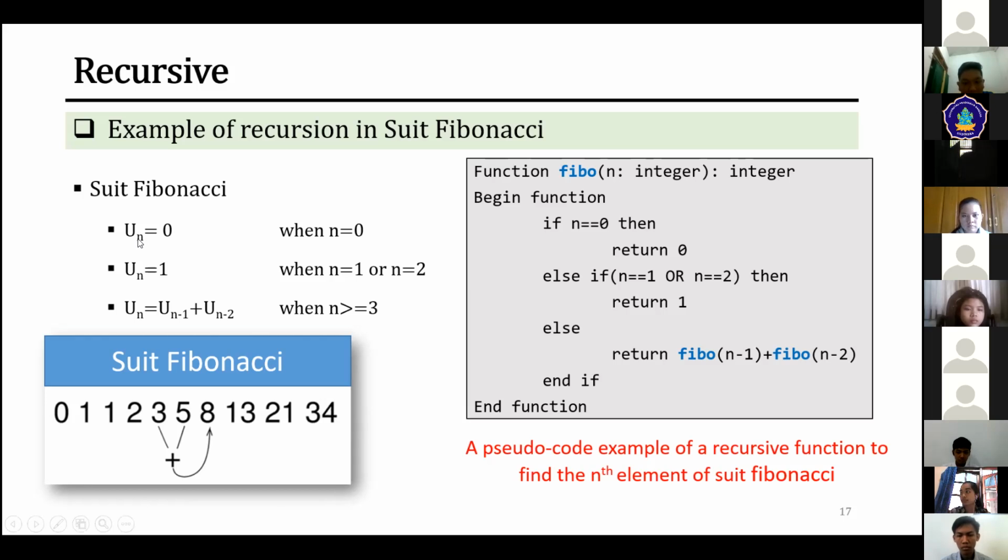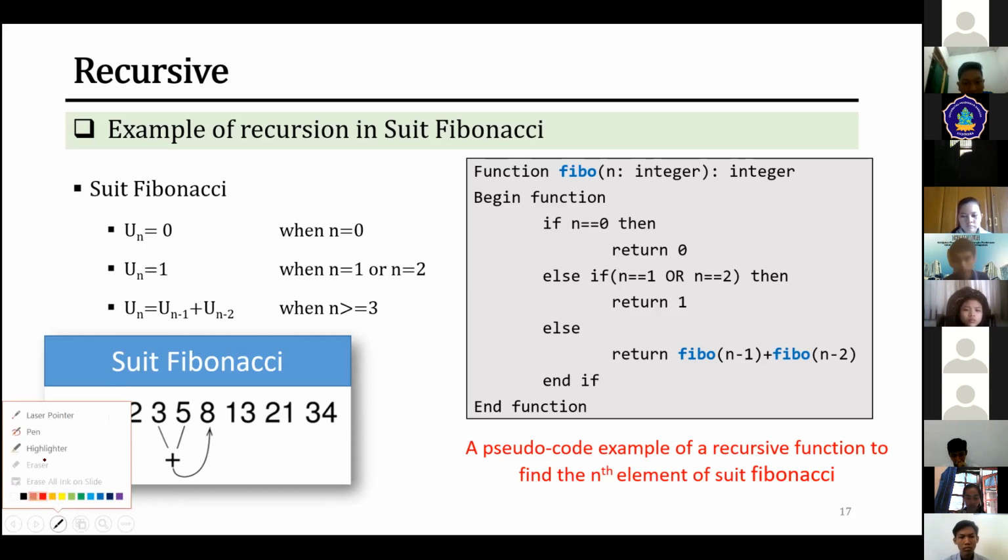U0 equals 0. U1 and U2 equal 1. This is the property, defined by default. U0, U1, and U2 are the terms, and the index is which position it is.